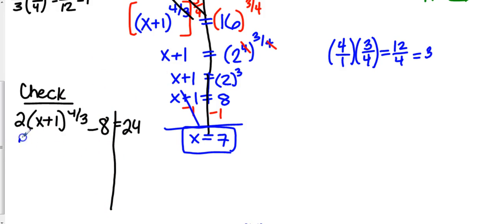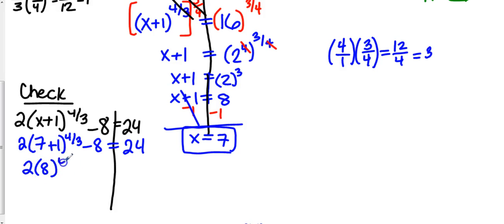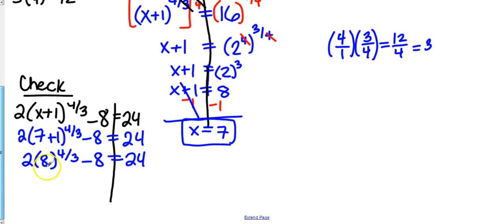So that becomes (7 plus 1) to the 4/3 minus 8 equals 24. And remember, no moving left and right. The goal is that the left will simplify down to be a 24. So that's 7 plus 1 is 8. And I've got the minus 8. I can rewrite 8 with a smaller base. That's (2 to the 3rd) to the 4/3 minus 8.